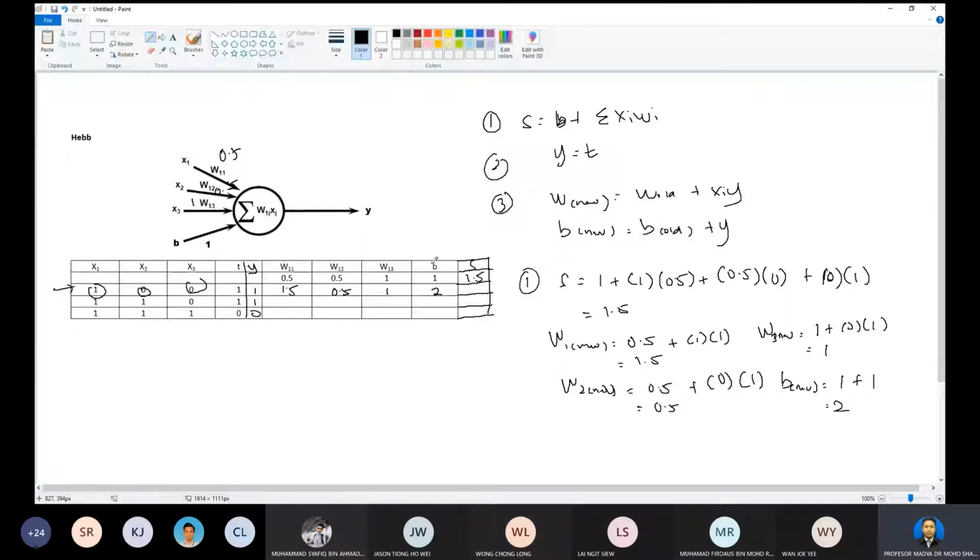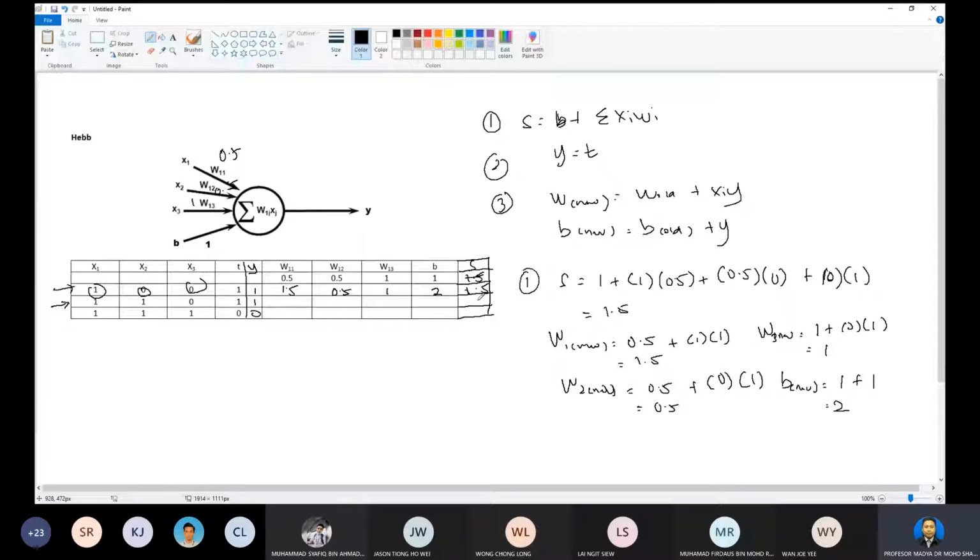Sorry, this one here should be 1.5. Next, for the second iteration, the input is 1, 1, 0. First you calculate S, and then you calculate the weights and bias.